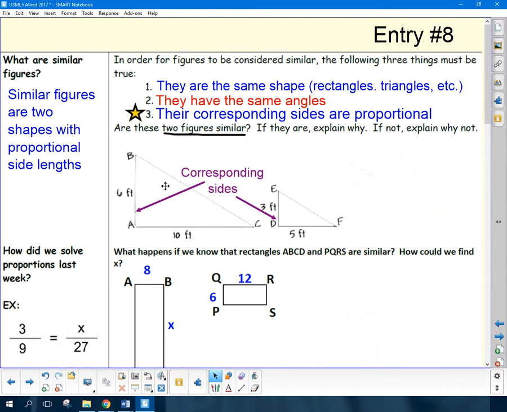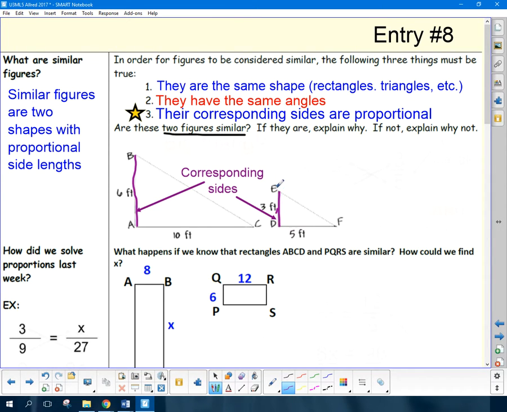Corresponding sides, okay, are the same side on different shapes, the same side in the same place on different shapes. So BD right here on this triangle, yes, this triangle is bigger than the other one, but this BA side right here is taking up the same place that this ED side is.